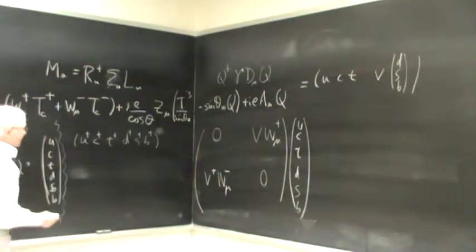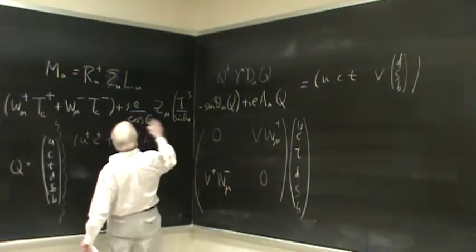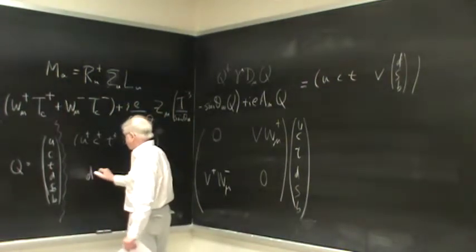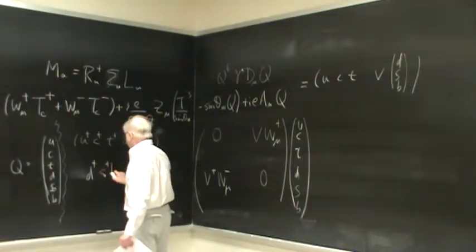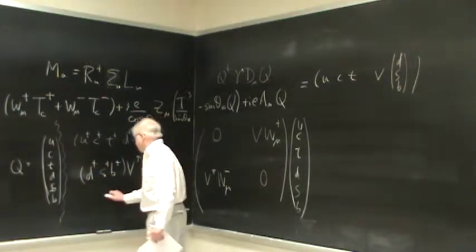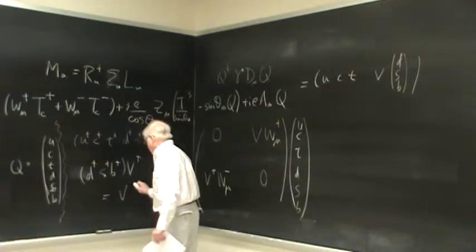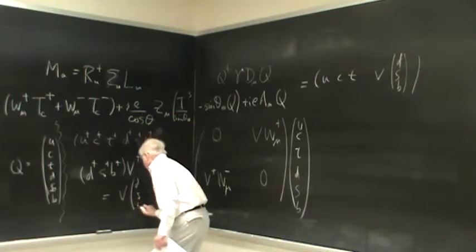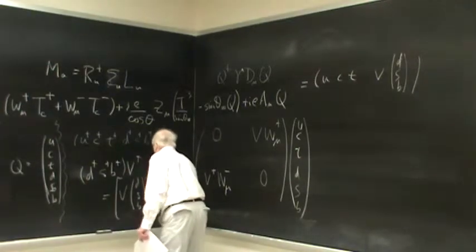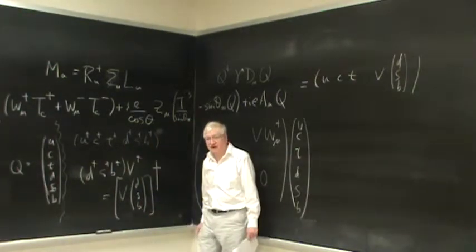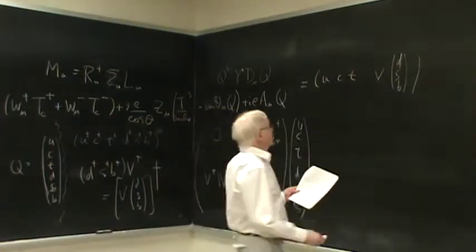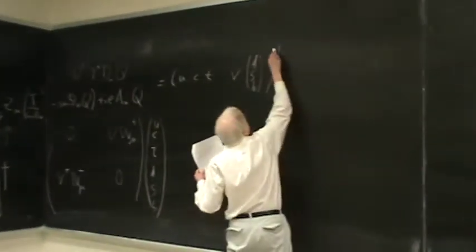Okay, just think about it. In other words, it's like that. And so the D dagger, S dagger, B dagger is the same thing as V acting on D, S, B, daggered. Okay? All right.